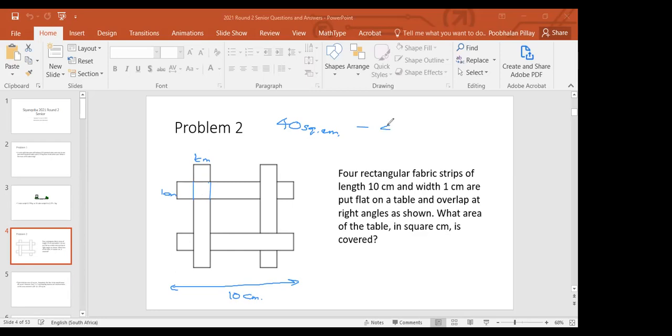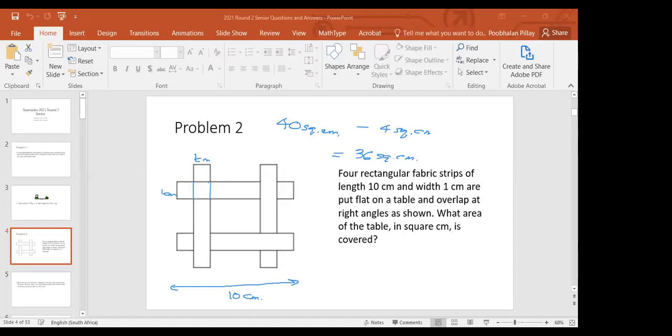And we have to remove those 4 because that part underneath is not used by the strips in the process of covering the table. So the answer is 36. Okay, so that's the answer to that problem.